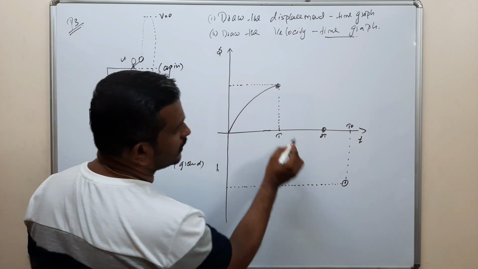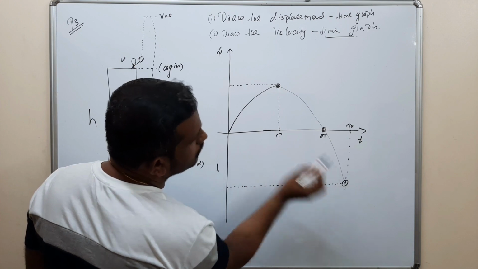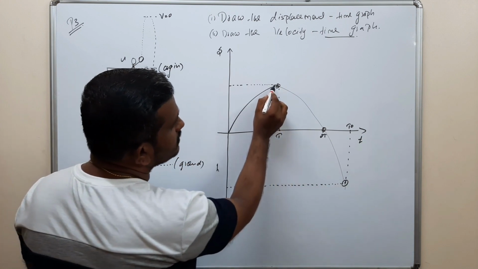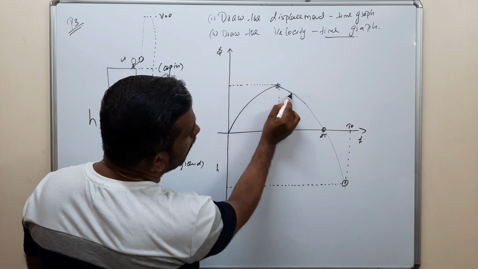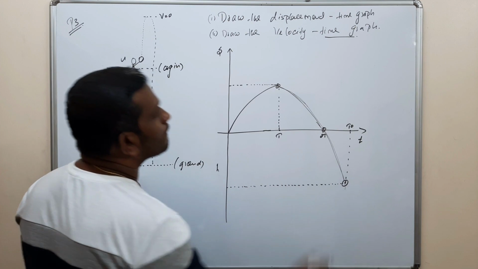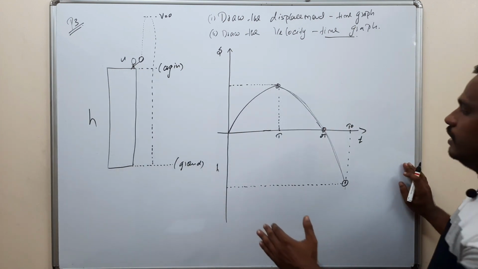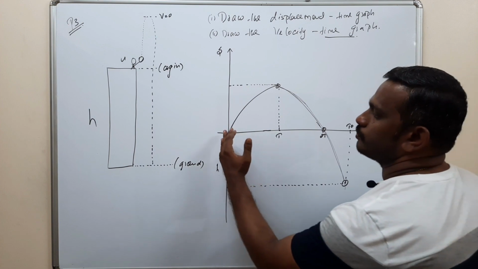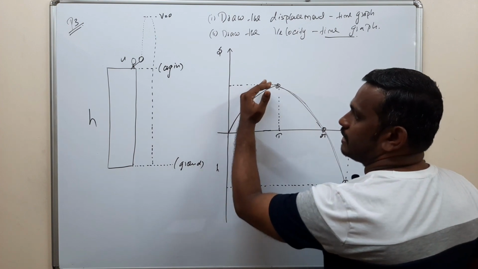So the curve is like this. When you consider the slope of the curve, the slope decreases.